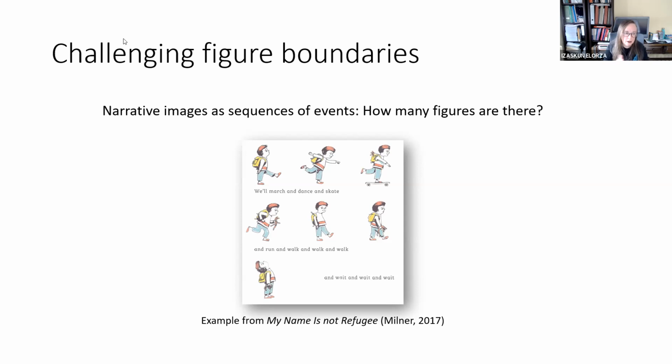So this is why deciding how many figures we are going to have forces you to consider the limits again, the boundaries, and be clear about why you are going to consider that this is one single figure or not.